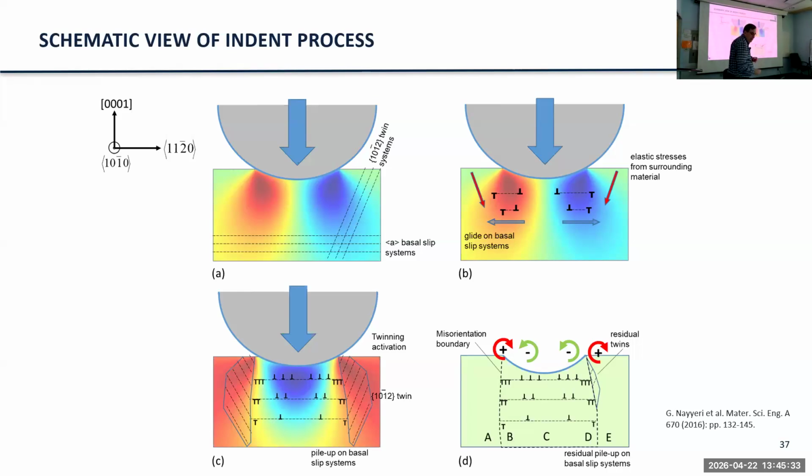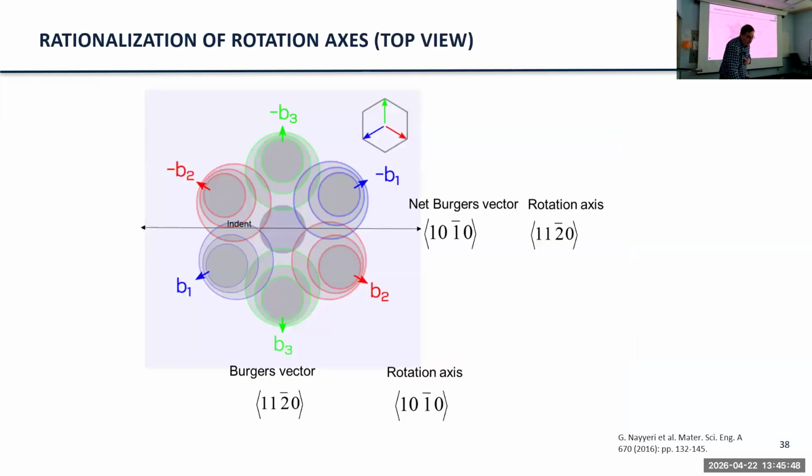There's a lot of detail here, but I wanted to give you an idea that everything works out well in terms of the crystal structure, the dislocations that are moving, and the rotations that we measure. I won't show this; this is just where we rationalize the different rotation axes.